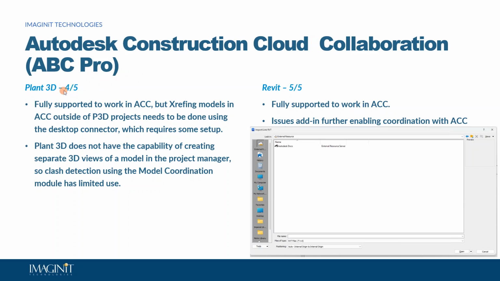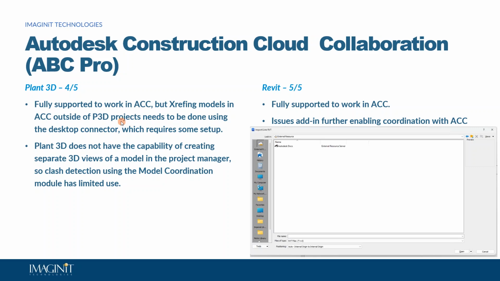For Plant 3D, we gave it a 4 out of 5. It is fully supported to work in ACC, the Autodesk Construction Cloud, but XREFing models in ACC outside of the Plant 3D project needs to be done using the Desktop Connector, which requires some setup. There's a button for directly connecting ACC project drawings inside of the Plant 3D project.